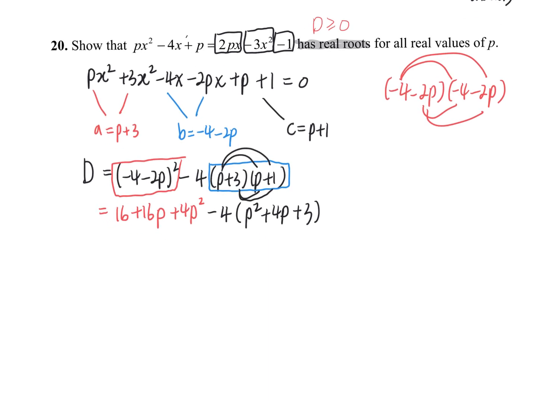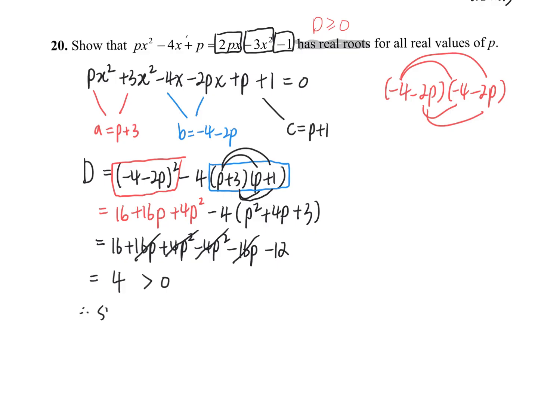Okay, so now if you simplify, it's just a lot of algebra, but it's not scary. So this is gone, this is gone, only left with 4. So this is the type you like. No need to prove anything, the discriminant is positive. Therefore, since D is positive, it has 2 distinct real roots. Okay, shown.